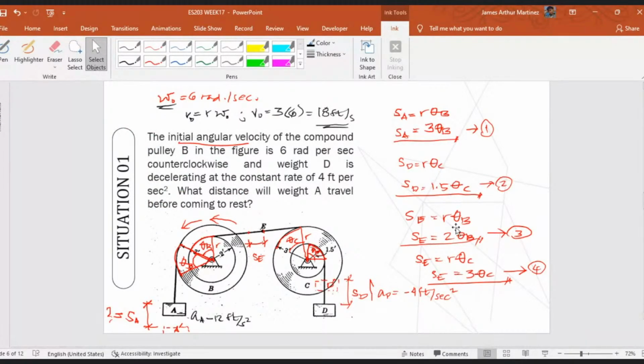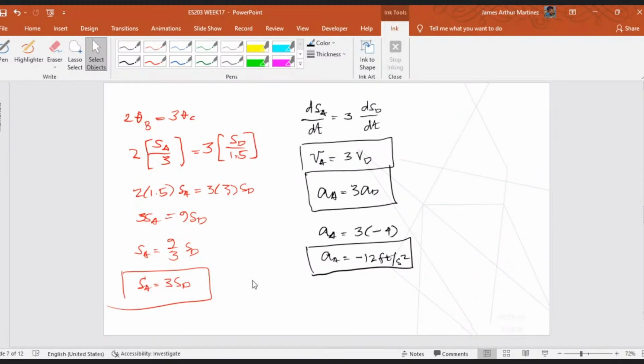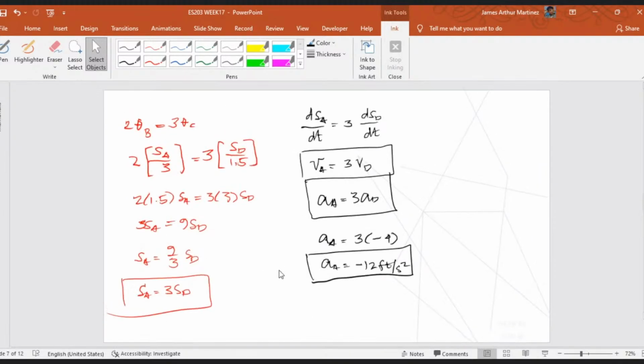For example, if the question asks at what distance will weight D travel before coming to rest, the linear displacement of D is SD, and we have the relationship SA is equal to 3 over SD. So just divide by 3 and you'll obtain the linear displacement of D.